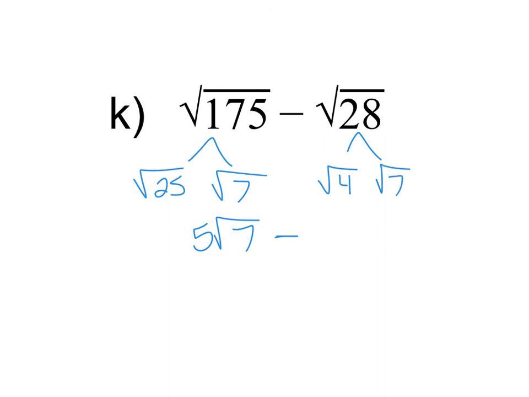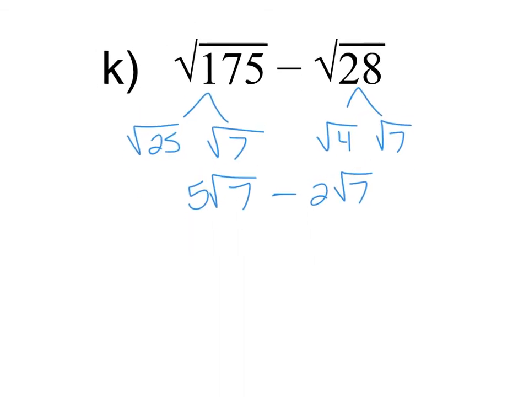So the square root of 4 is 2, square root of 7 is prime, so that's it. Okay, now, do we have some like radicals that we could subtract? Yeah, we do. Remember, we're just going to subtract the outside. So that would be 5 minus 2, which would be 3. And don't forget, you're just going to slap that square root of 7 on at the end.